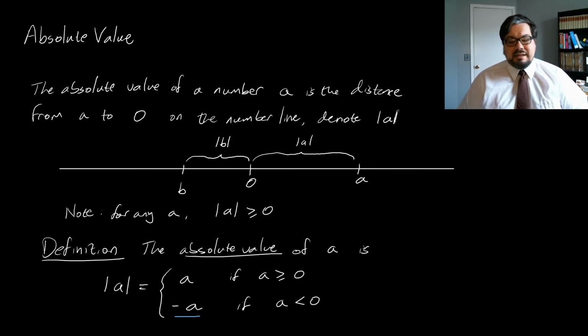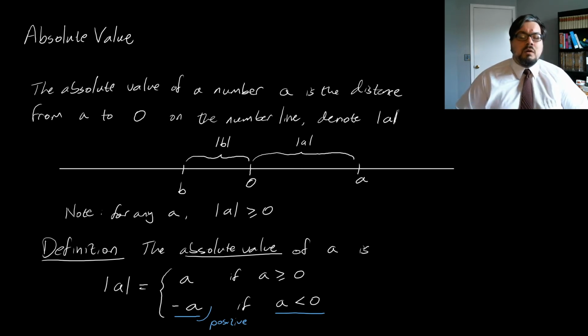But notice that that negative only shows up in the case that A itself was negative. And when A itself is negative, then the opposite of A, or negative A, is in fact a positive number. So this is in fact a positive number in this case. So we have these two different ways of describing the absolute value.